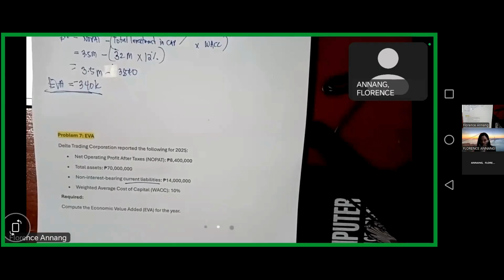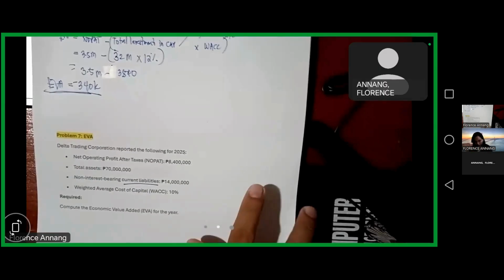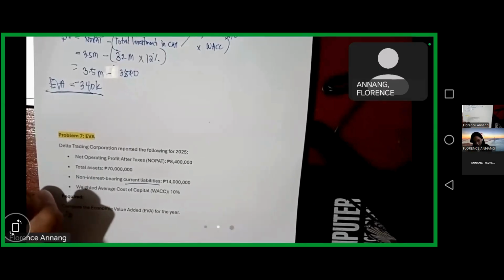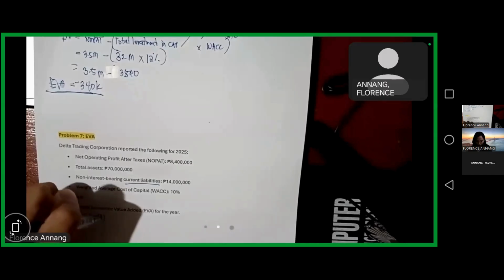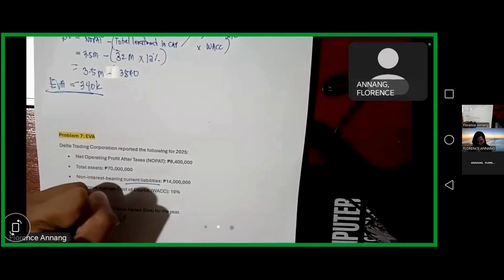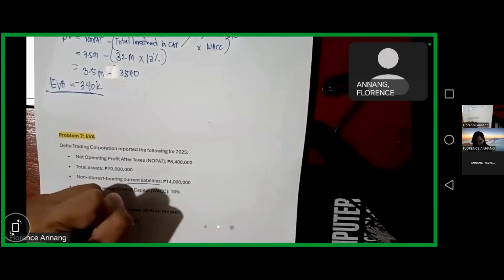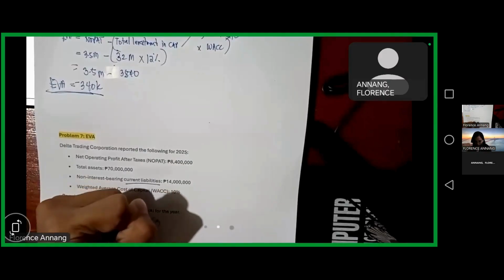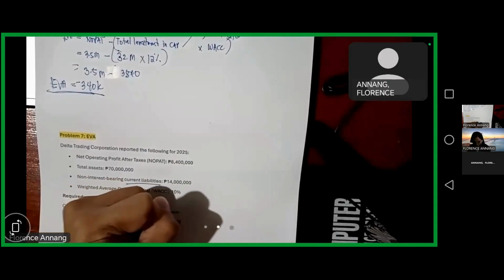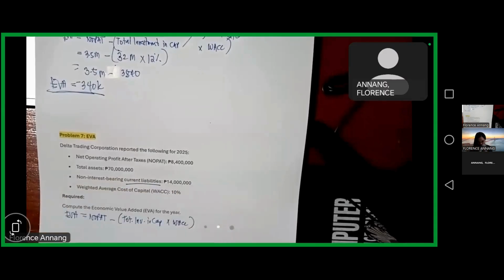So, compute for the EVA. Again, ano yung ating formula? EVA is equal to NOPAT less ating total investment in capital times the WACC, or your weighted average cost of capital.